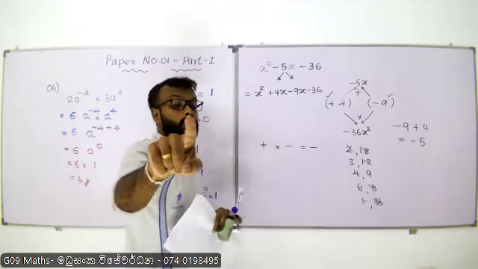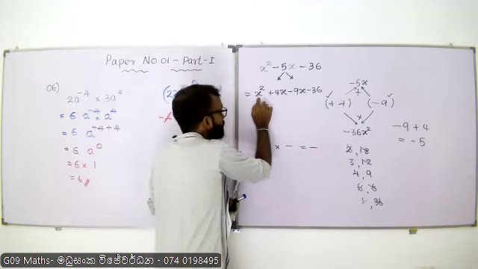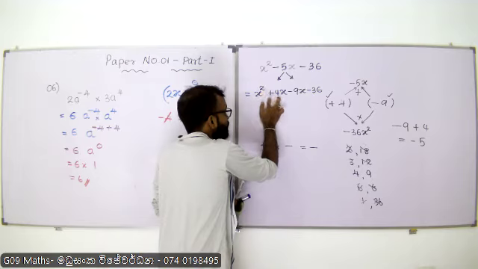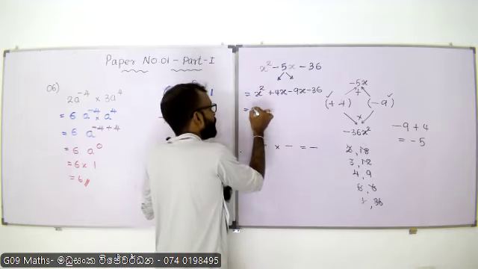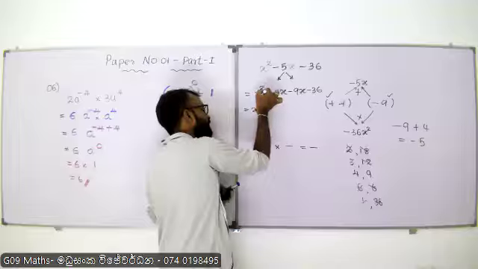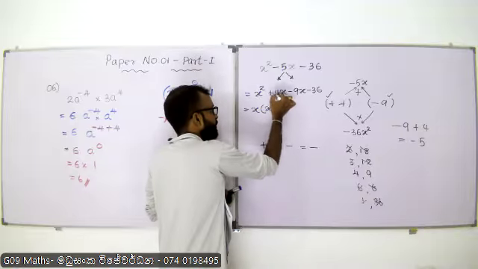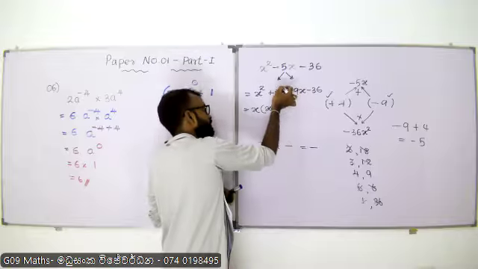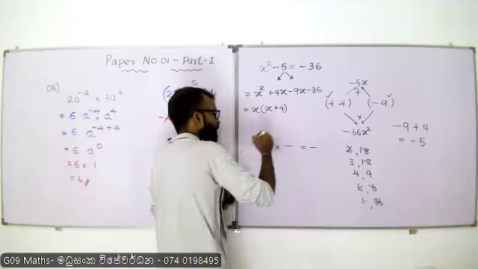I am going to factorize this by considering this term and this term. x is common. I would take it out from the bracket. If I take x from x to the power 2, the remaining term is x. Here, only one x is there. If I am taking it out from the bracket, only plus 4 is there.